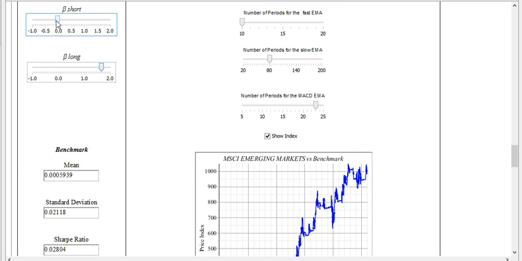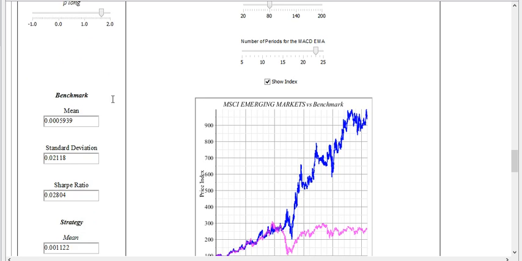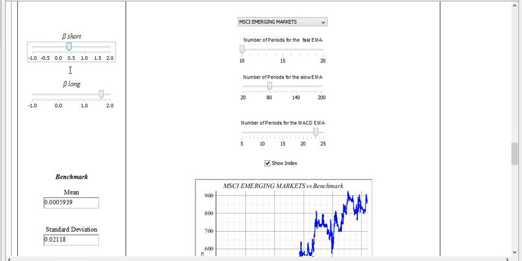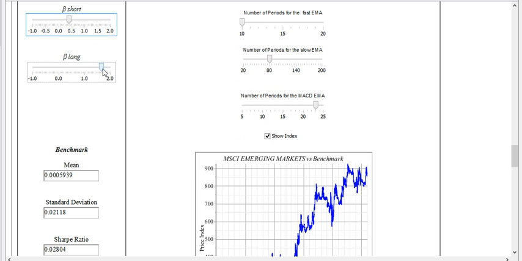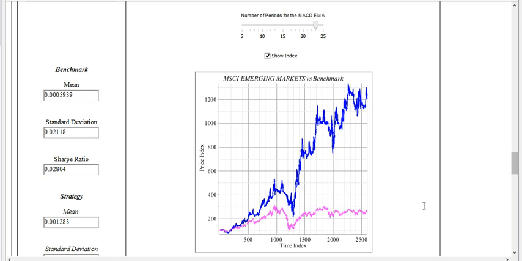Let's just see what happens if we get really greedy and short more. Well, there is also the volatility here, and the final return is not as big. So not necessarily shorting the market aggressively is the best idea, and not necessarily levering the market all the way either. So I'm going to leave it to you to try to find the best calibration of the model.